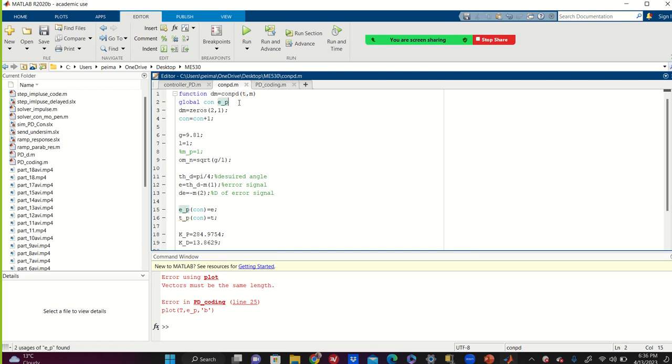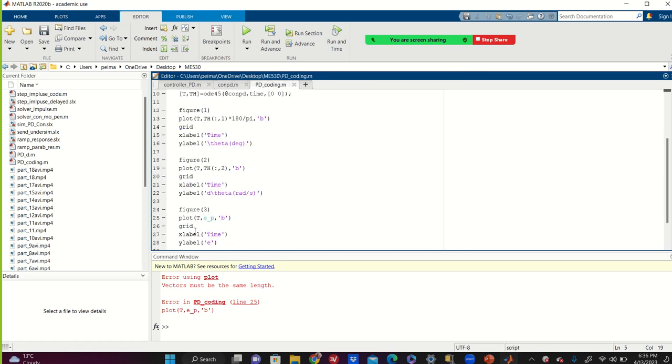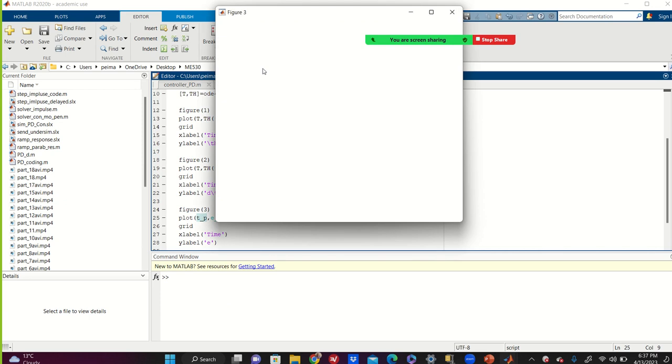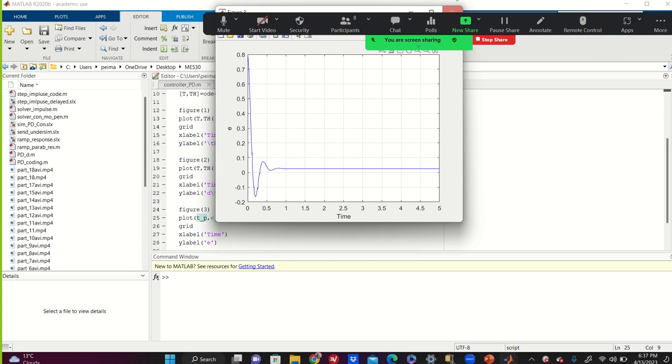So I'm gonna put TP as TP. Now instead of that, I'm using this TP. Here we go. And it's gonna plot for me. Here we go. E, as you saw in the Simulink, error signal.